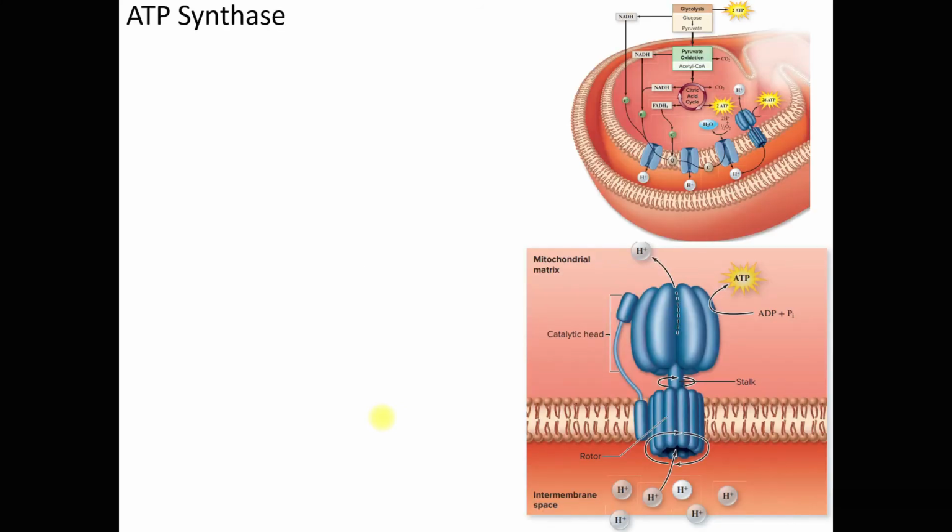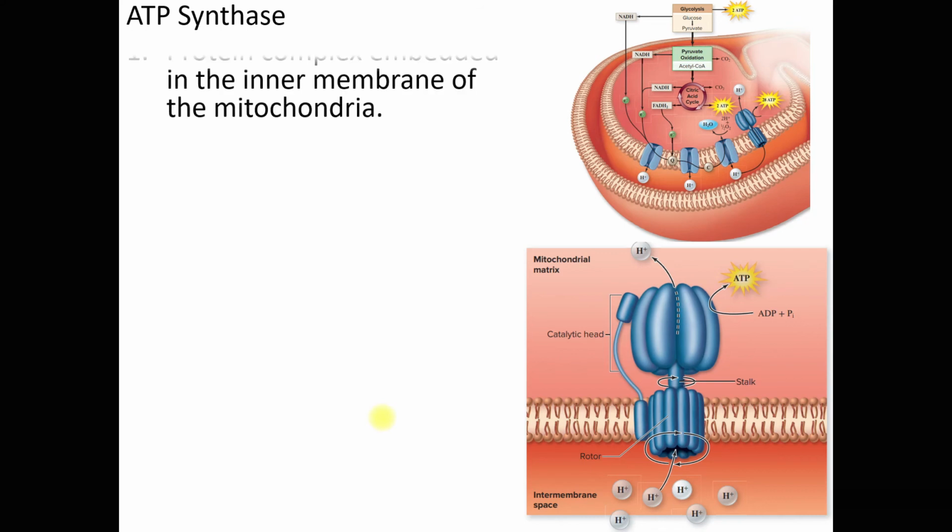All right, ATP synthase. This is not an energy carrier, but it is a part of the process of synthesis of ATP, and this ATP synthase is an enzyme. It is an enzyme or a protein complex that is embedded in the inner membrane of the mitochondria.